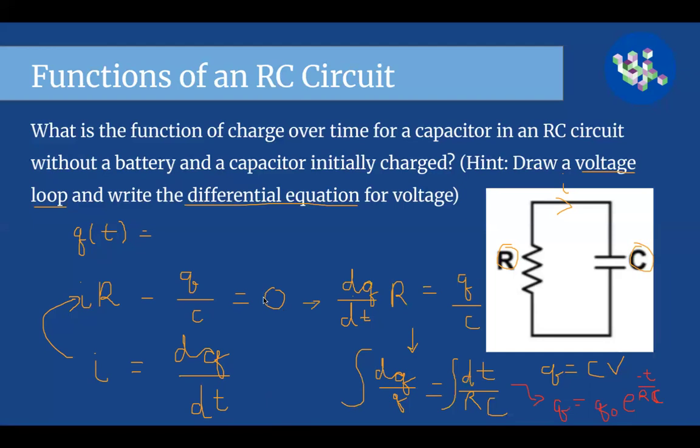We can see that this is a decay function. It'll decay to zero eventually. One last important thing is that a lot of textbooks define this time constant tau as tau equals RC. You can just substitute this in, and they write it like that.